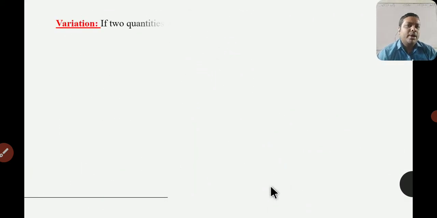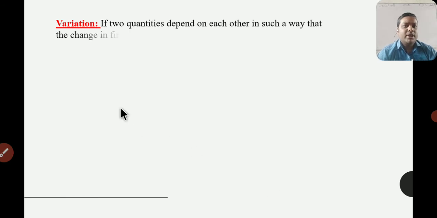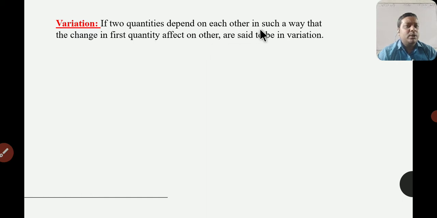Now, variation. What is variation? Variation is also called proportion. If two quantities depend on each other in such a way that a change in the first quantity affects the other, then it is called variation. Both quantities will be in variation or in proportion.